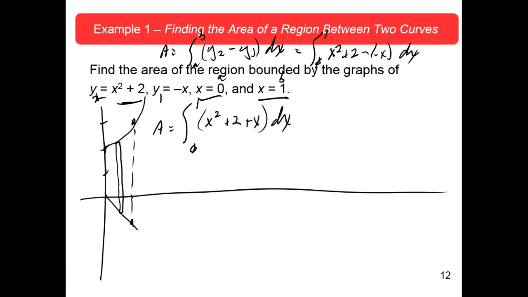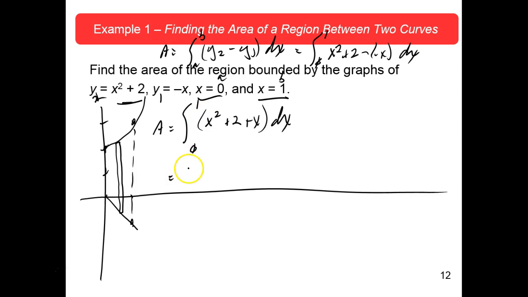Now, if anyone wants to have these things in descending power, you can do that. But you can integrate it just like it is there, can't you? So what is the integral of that?